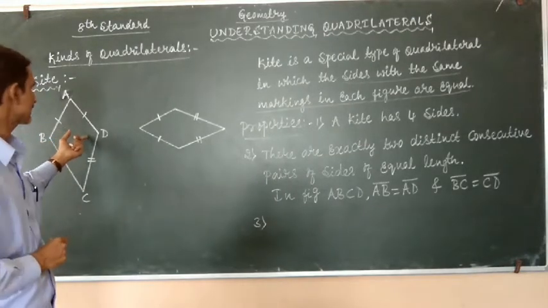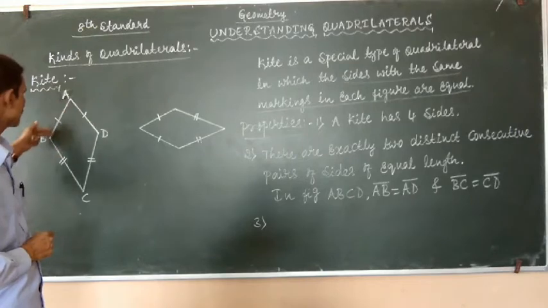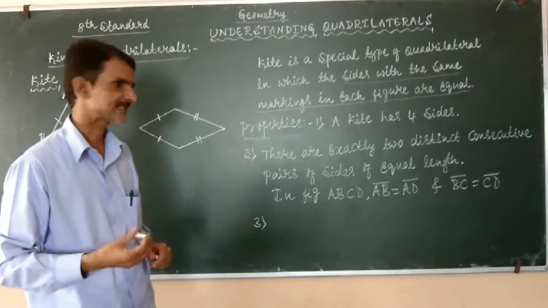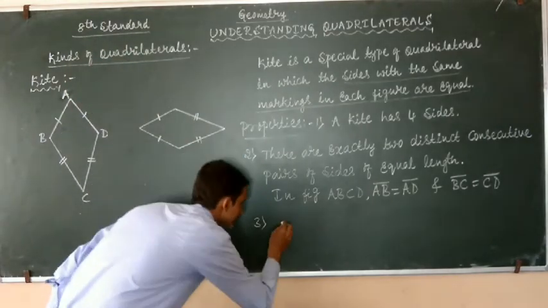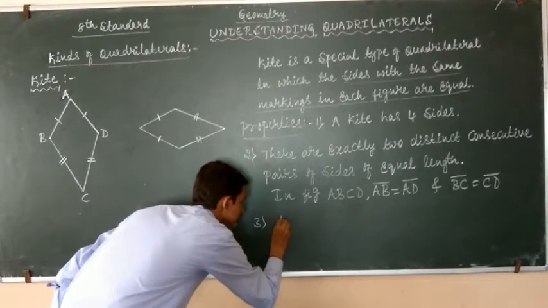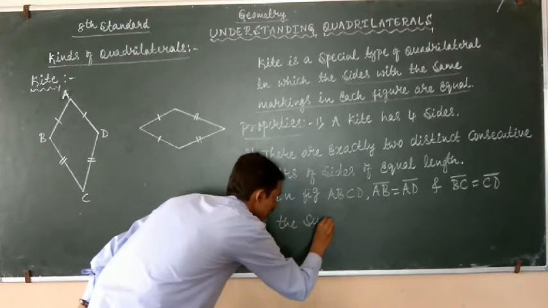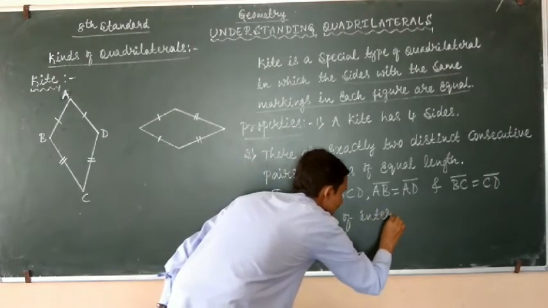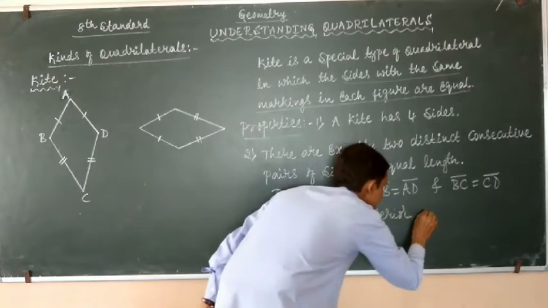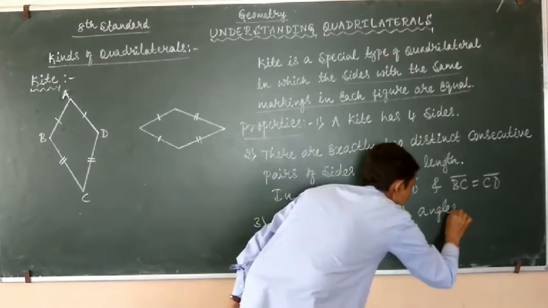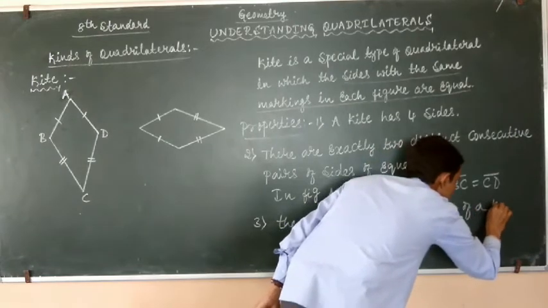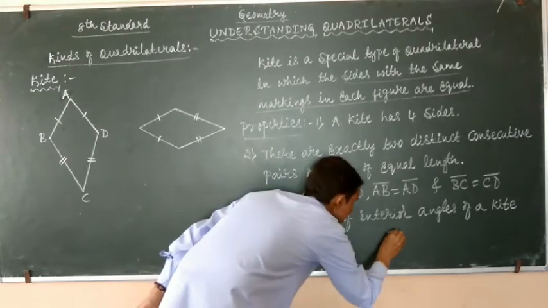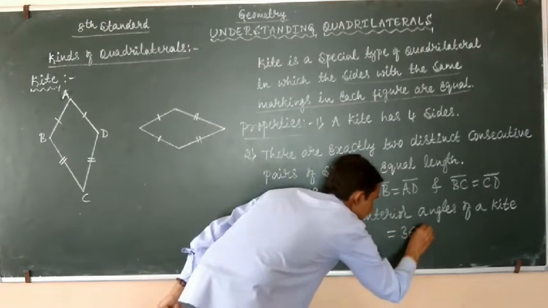Therefore the sum of the interior angles of a kite is equal to 360 degrees.